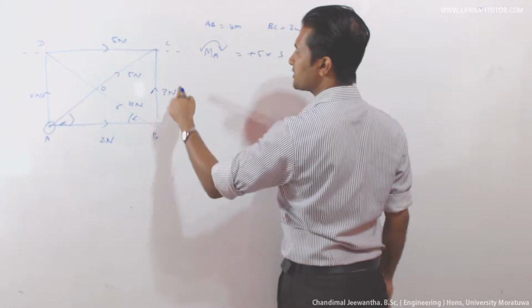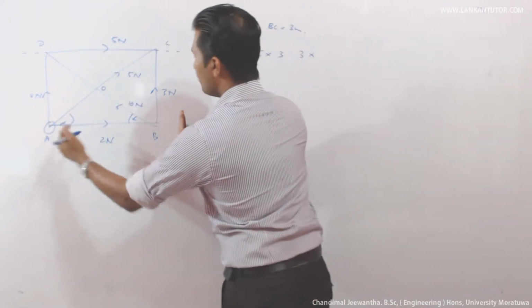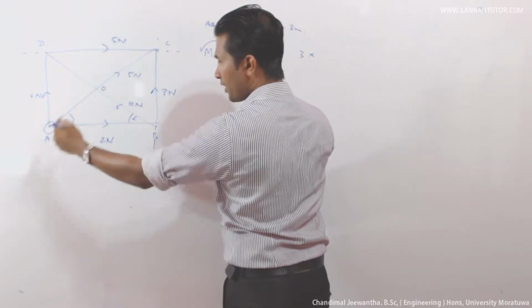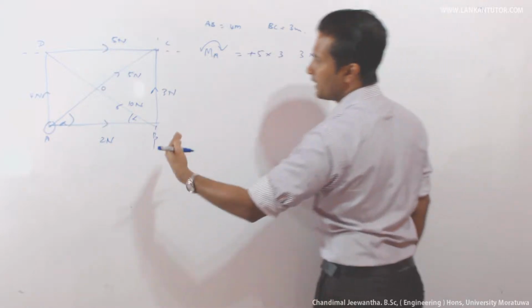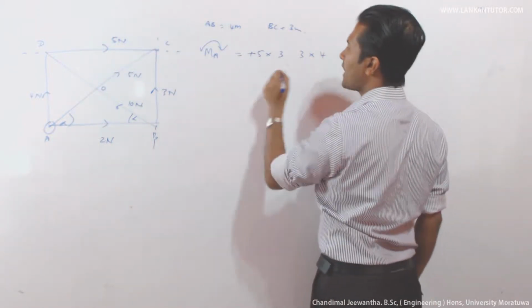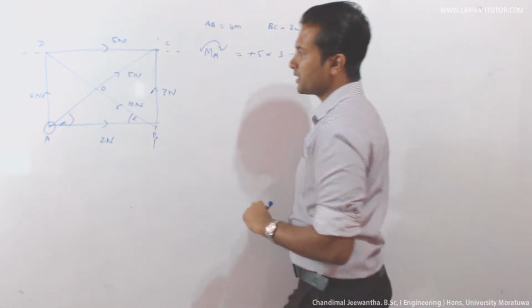Then we can consider these 3 newtons. The perpendicular distance from point A is AB, which is equal to 4. But the direction is anti-clockwise. That is negative.